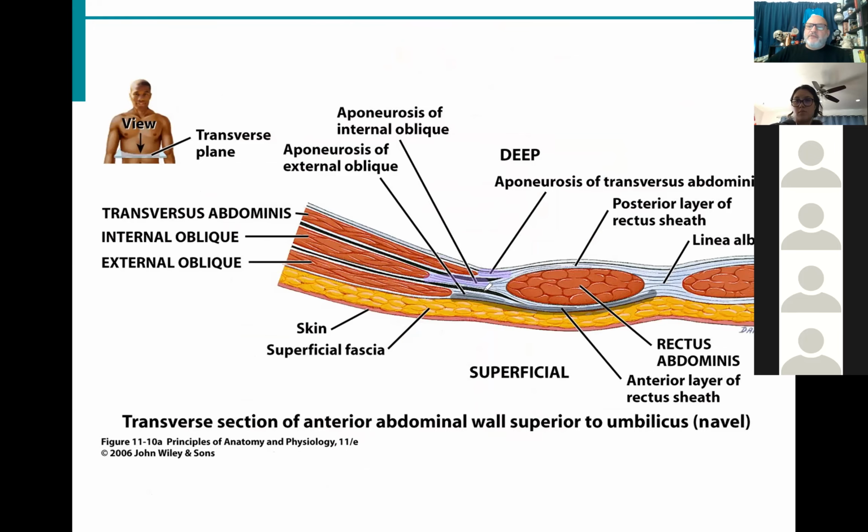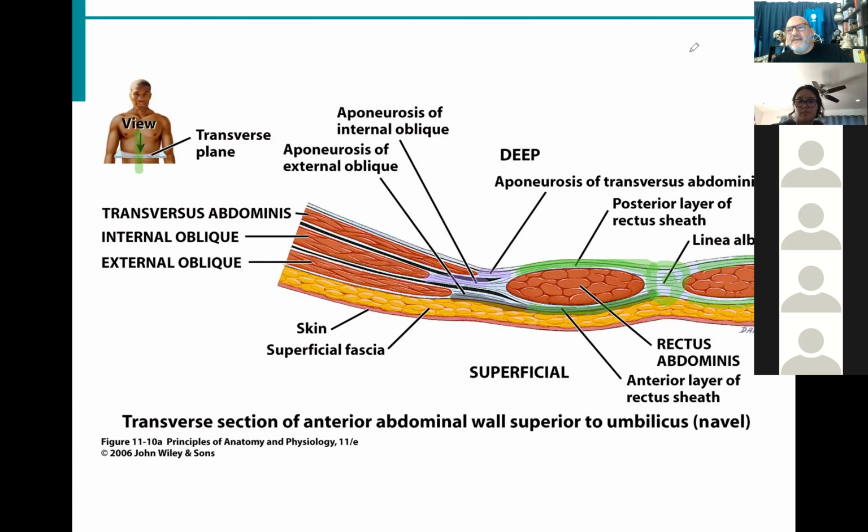But do we see that from the front view? No. What we do see is where all these collagen fibers come together. The collagen fibers of all three aponeuroses from one side and all three from the other side fuse together to form a white line right down the center of the body.